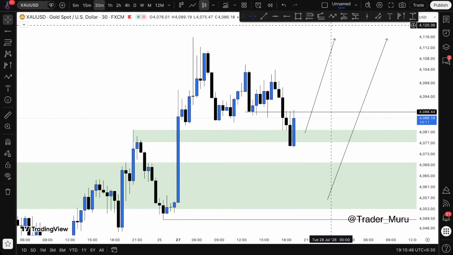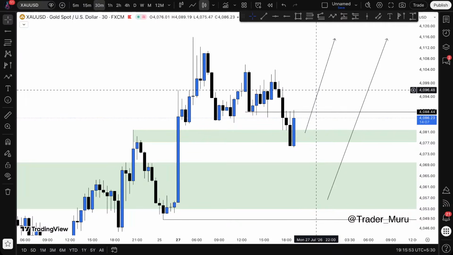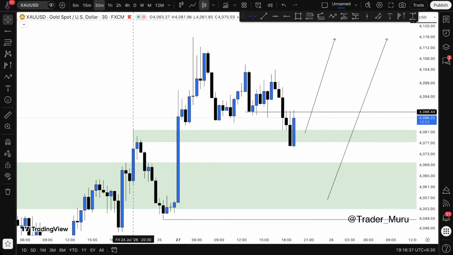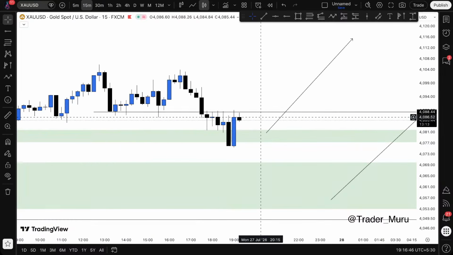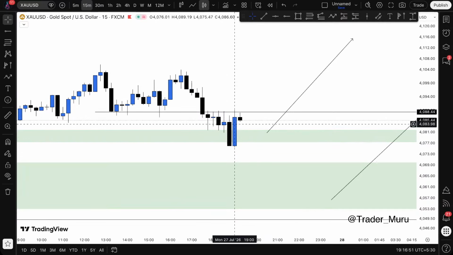We will have this breakout and retest, then buy. Just need to break this resistance after 1 hour closing, then it will be buy.